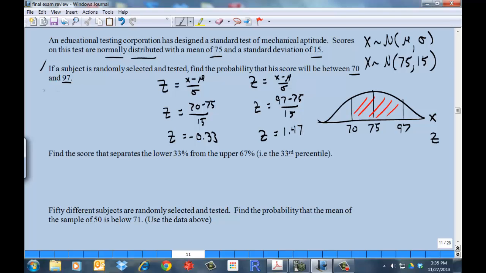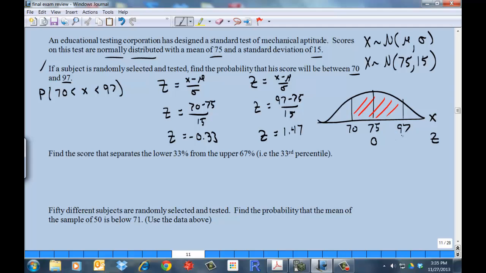Now let's write our equation based on our picture. What we're really looking for is the probability that x is between 70 and 97. Now what's happened is I've converted the mean into 0.